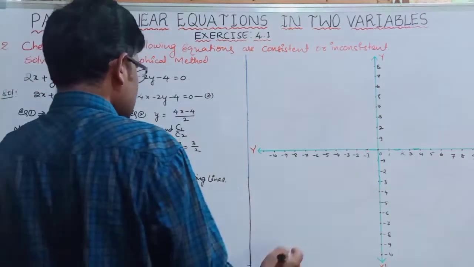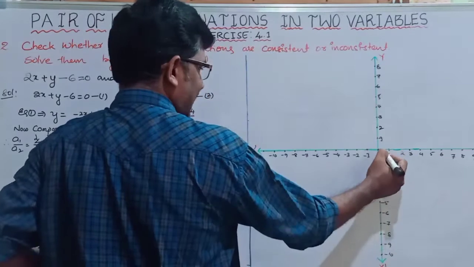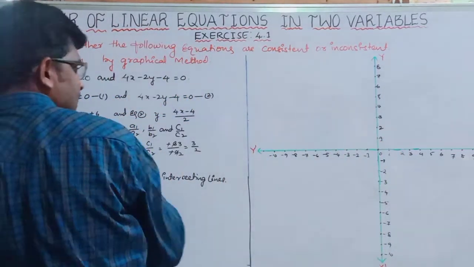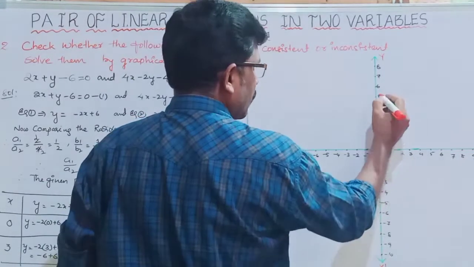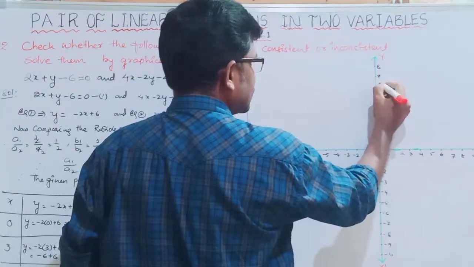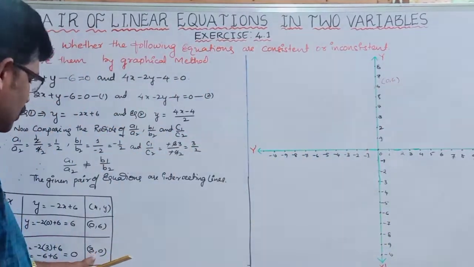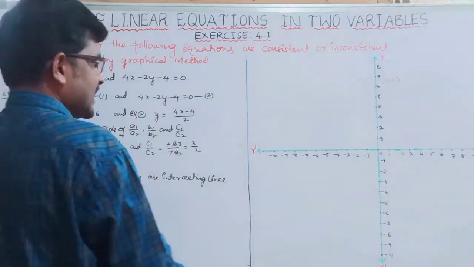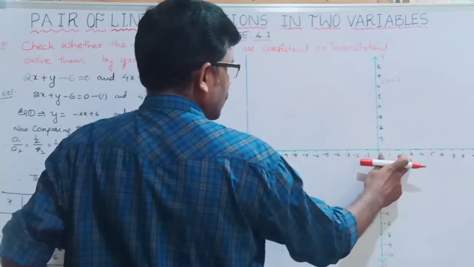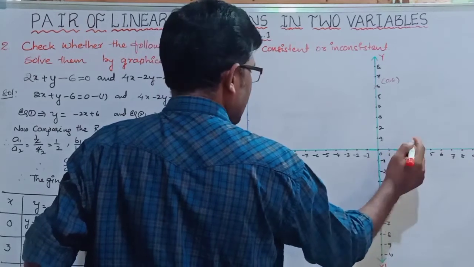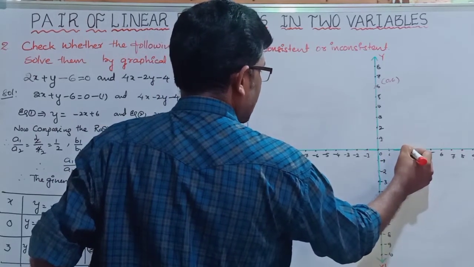So first point 0 comma 6. X axis is 0, y axis is 6. Then second point 3 comma 0. X axis is 3, y axis is 0.